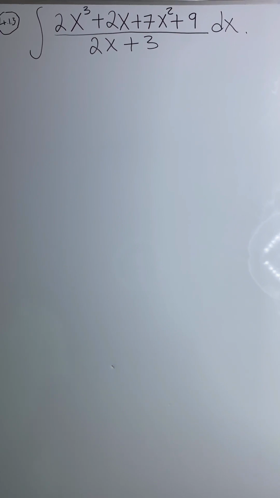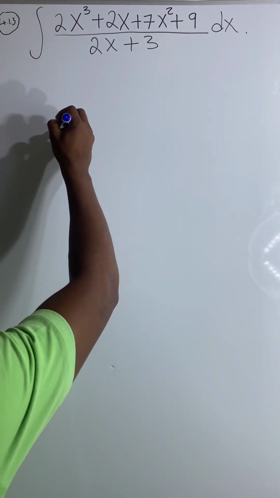4.1.3, we have to determine the integral of (2x^3 + 2x + 7x^2 + 9) divided by (2x + 3), and we have to use long division to determine this integral.